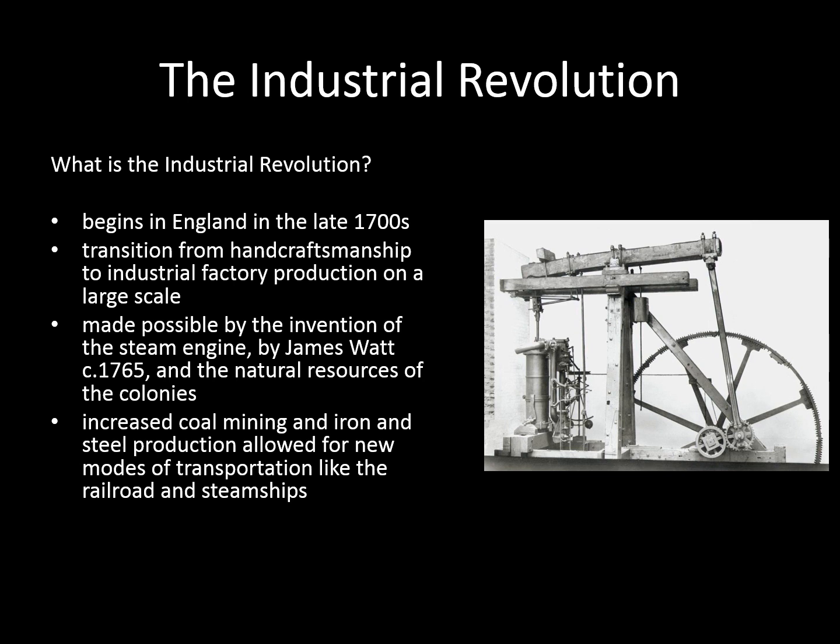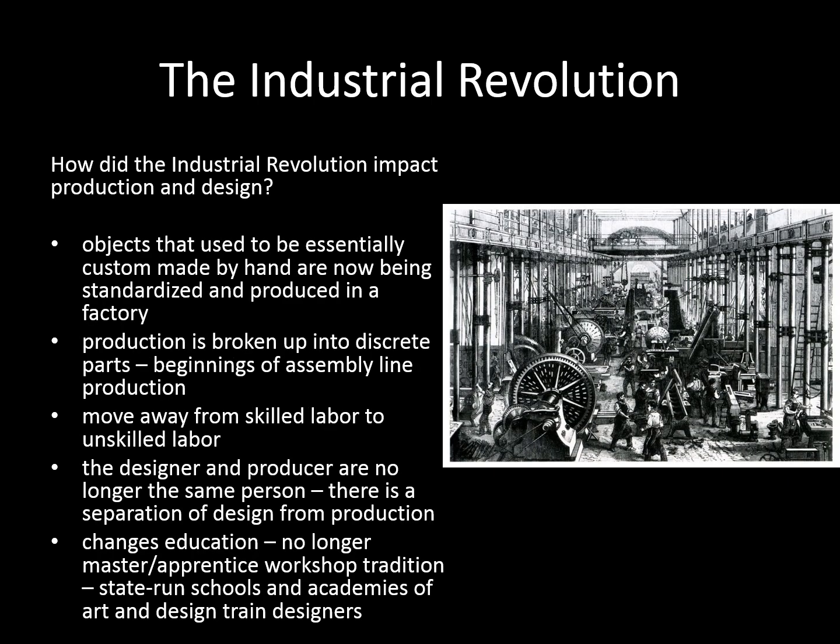The steam engine increased coal mining and iron and steel production, and those then allowed for new modes of transportation like the railroad and steamships that also helped transport these goods, and really foster this kind of world trade.